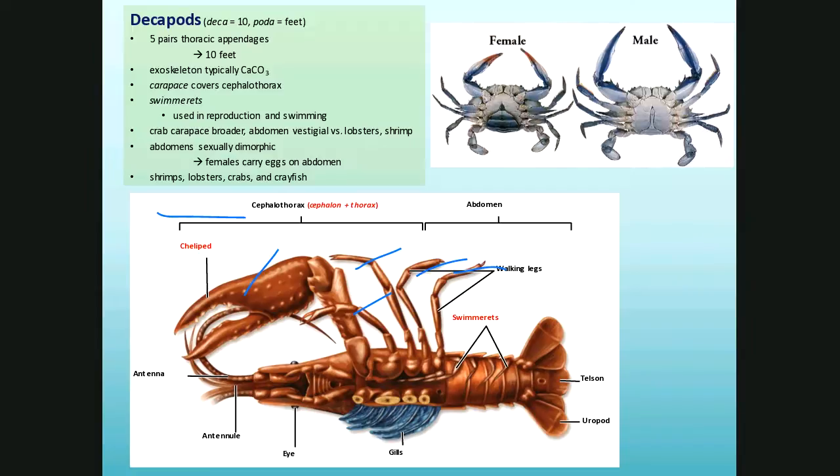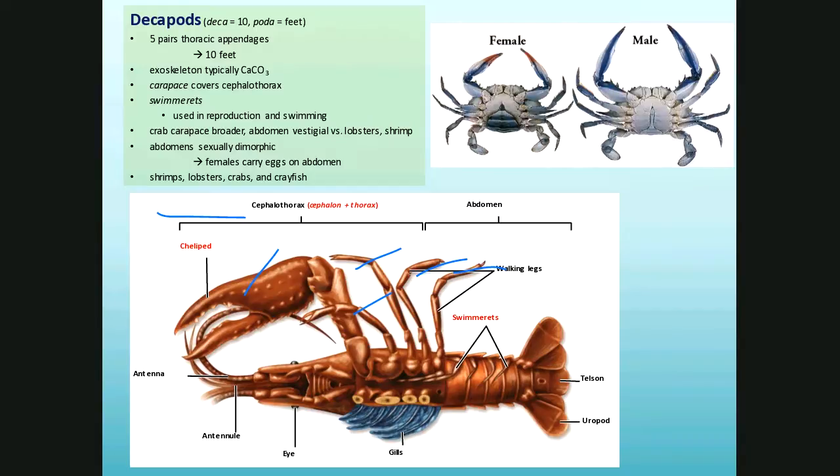The carapace: the other day in lab when you were cutting the crayfish, when you're cutting off that shell part, following those sutures, and you pull it off and all the internal organs and all the gills were there, that exoskeleton part you pulled off is technically called a carapace. Carapace is shell. Sea turtles, it's also called a carapace. So it's not indicative just of one group of organisms.